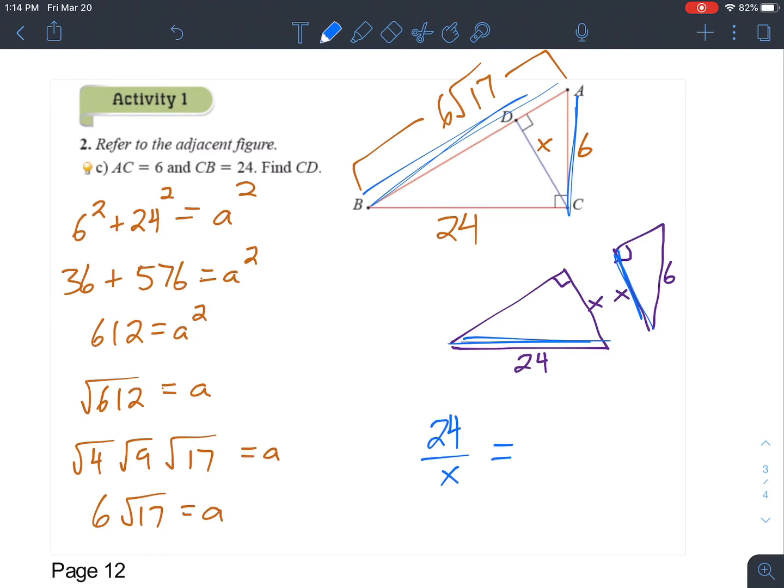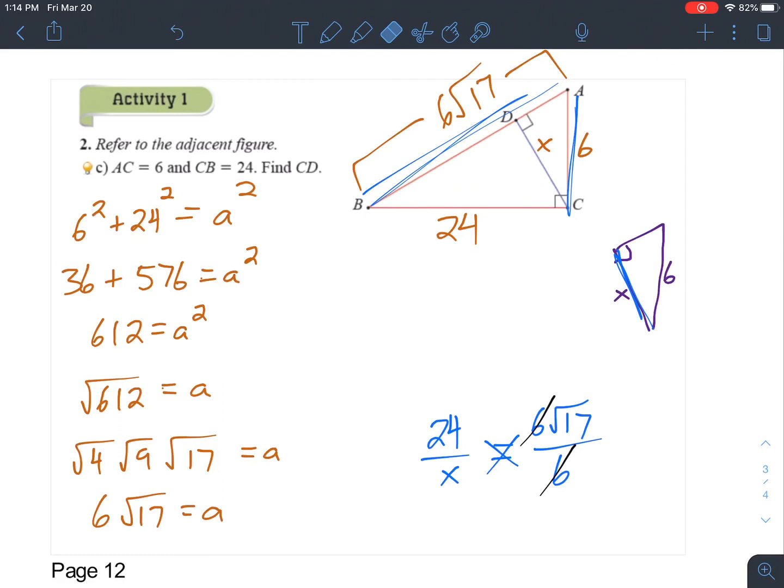Oh, so then, but those are part of the same triangle. Oh, got it. Okay. Now we're back on track. We can cross multiply. We can actually get rid of those 6's. I see what it was trying to do. Okay, so we did not need that triangle.